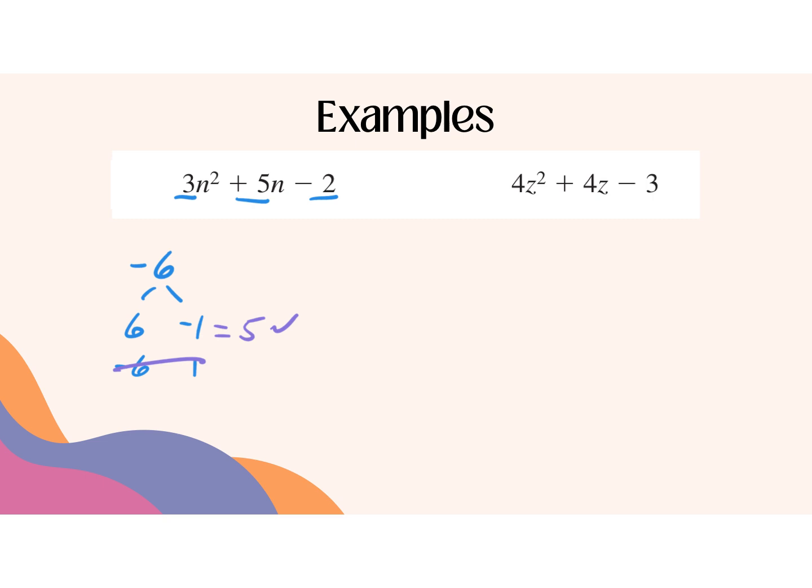All right, so this is going to be an n plus 6 times n minus 1. I have a 3 in front, so I'm going to divide both of these numbers by 3. 6 divided by 3 is 2. All right, 1 divided by 3, you can't simplify that. You're going to slide it.